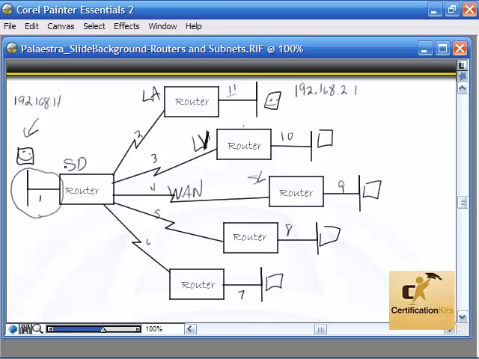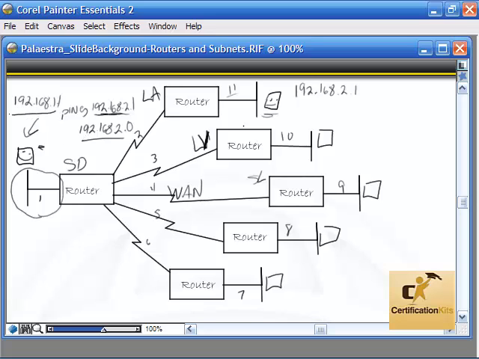Now, to be able to route, let's say this computer right here wants to ping this computer over here. So he types in ping 192.168.2.1 in the command prompt. At this point, the computer will compare this IP address to the subnet mask and realize that the network address is 192.168.2.0.